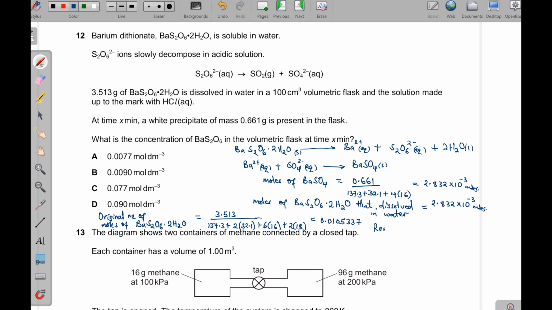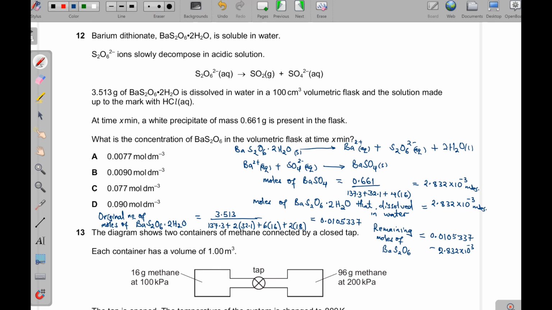We can say remaining moles of barium diethionate. This one is going to be 0.0105337. Then we subtract the 2.832 times 10 to the power negative 3.